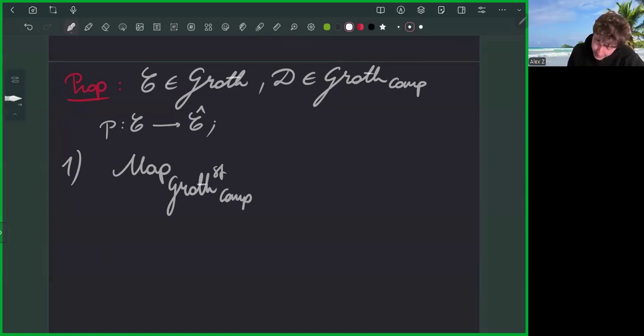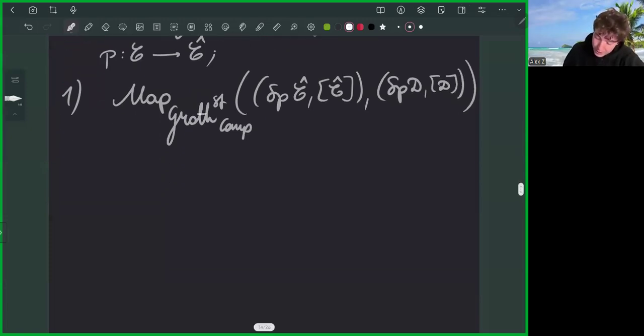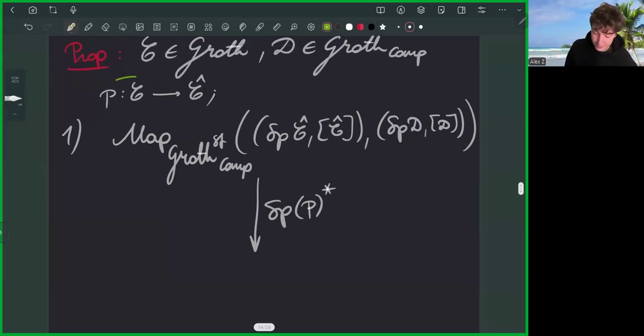If I have the mapping anima on Groth ST comp, and I take SP C bar, the completion of C, with the equivalence class on this thing, and here SP D and D. Note again, D was assumed to be complete. Then we have a canonical restriction functor given by SP of P, where P was this map here.